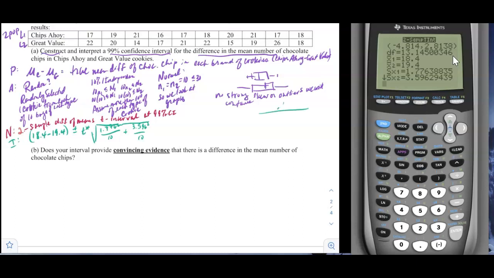So if we have 99% here, then we only have 1% to split. So this is 0.005. So we're doing inverse T of 0.995, and I need degrees of freedom, and you'll see that it is on here, right underneath the standard deviations.